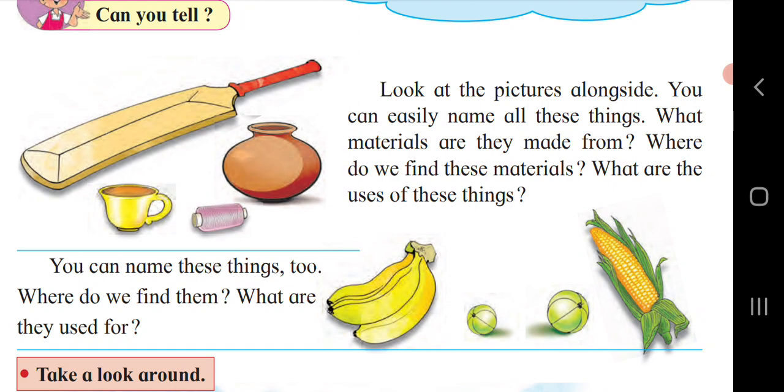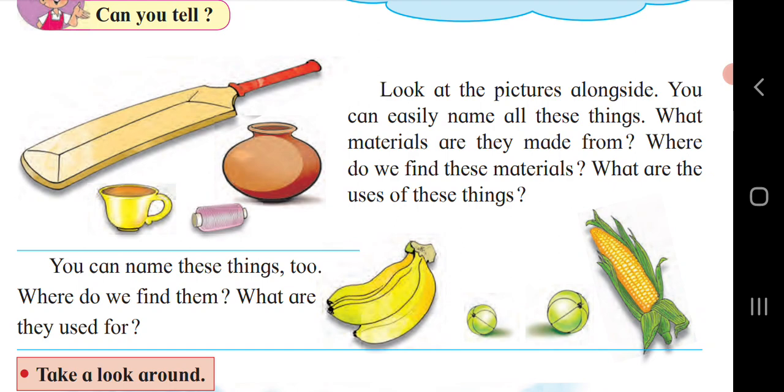The third thing they have shown in this picture, that is thread. Thread, it is made up of cotton. Cotton we get from farms, from cotton tree. And we make use of this thread for sewing different types of clothes.